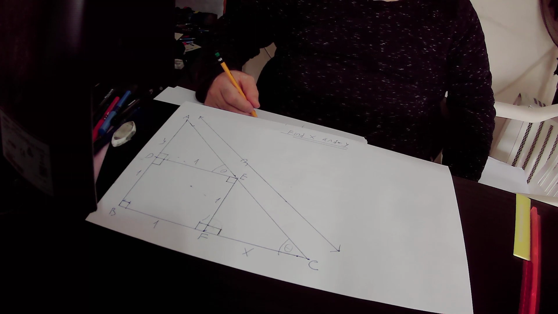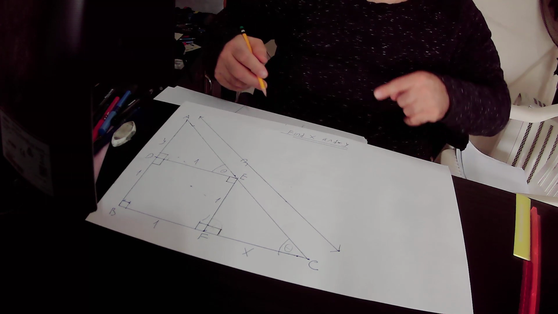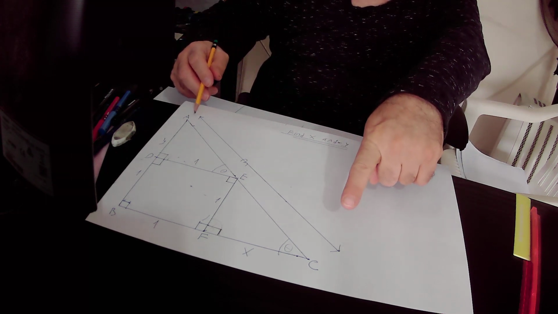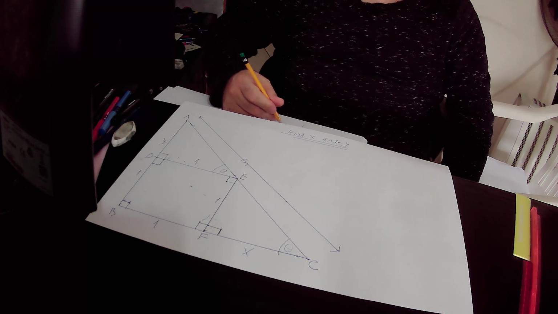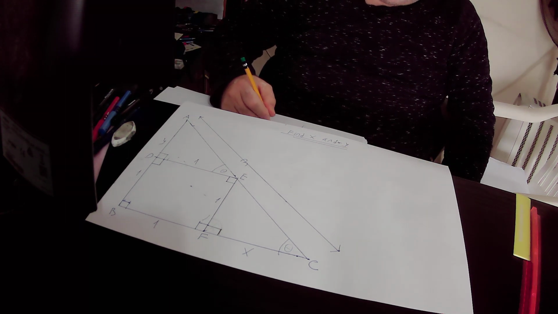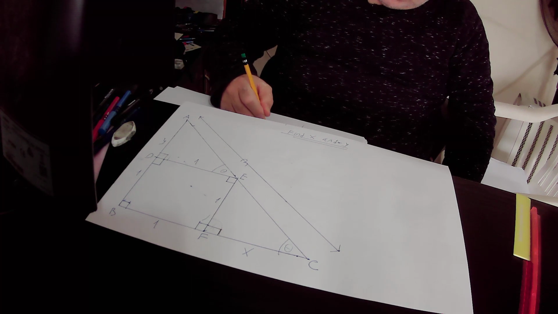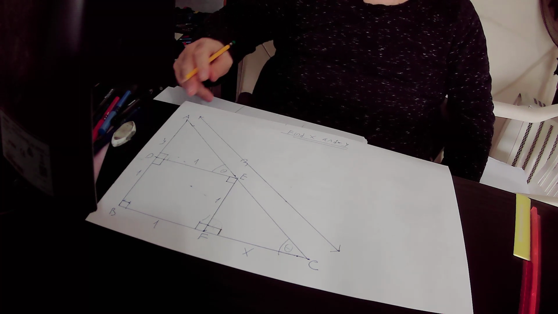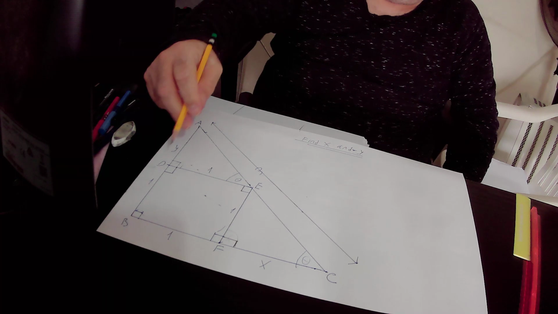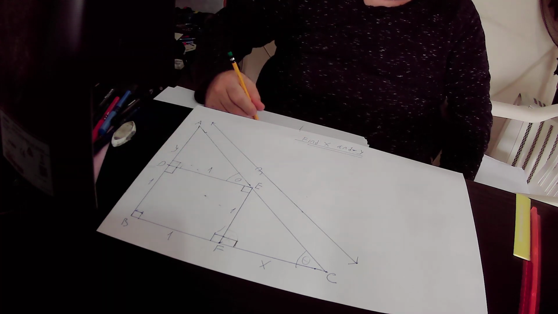The hypotenuse in the right triangle, triangle ABC is AC, and the square of the hypotenuse is AC squared, and it equals the sum of the squares of the perpendiculars, that is to say it equals AB squared plus BC squared.